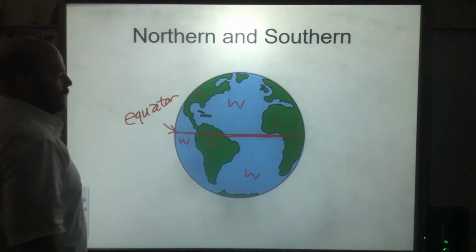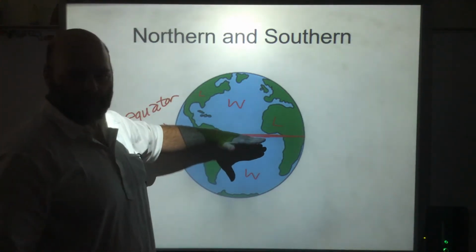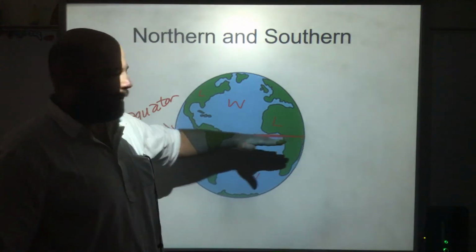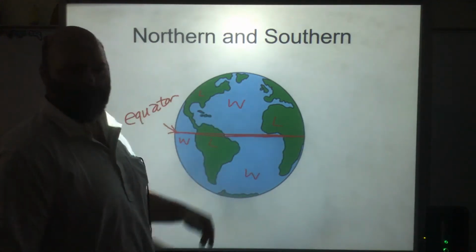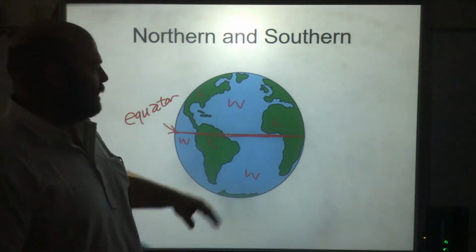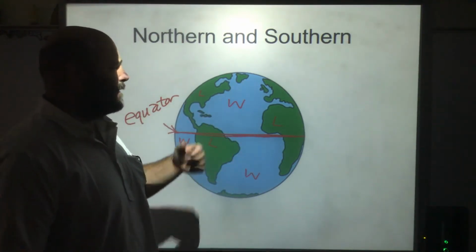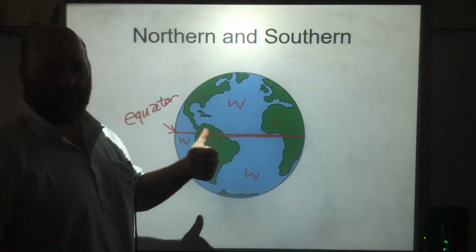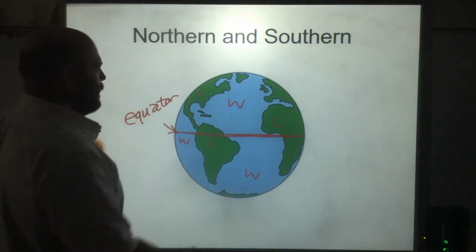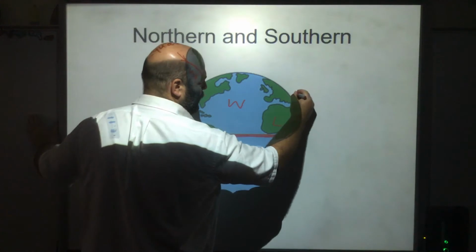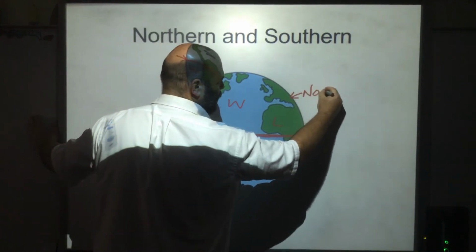Now the equator basically splits the Earth in half. So you've got half a beach ball at the top, half a beach ball at the bottom. And then these two halves are categorized as the northern hemisphere and the southern hemisphere, okay? So this top one is going to be the northern hemisphere.